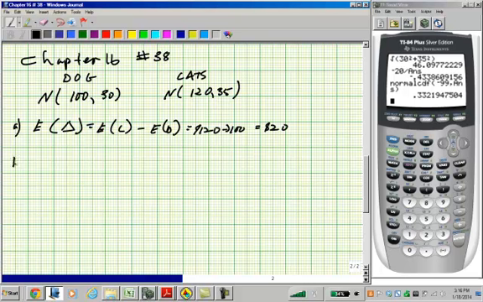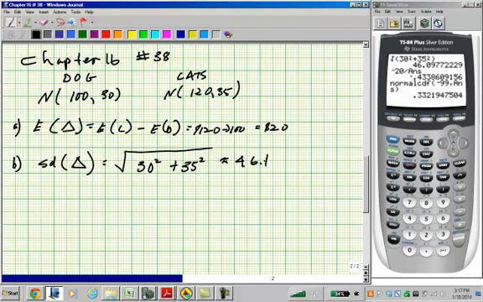Okay, B, what's the standard deviation of that difference? So the standard deviation of the difference, and again I'm using the Greek letter delta to stand for difference, is going to equal the square root of the variance of the dogs, which is 30 squared, plus the variance of the cats, which is 35 squared, and that approximately equals 46.1.